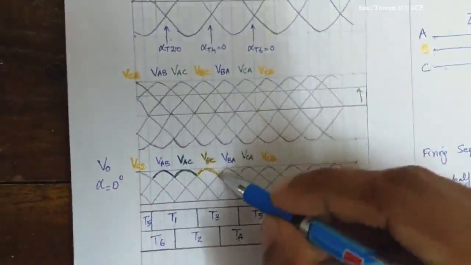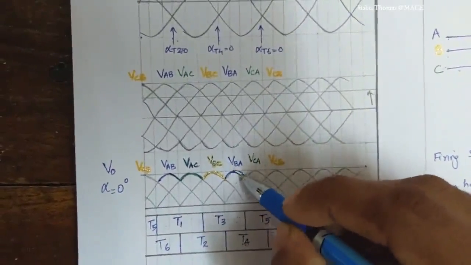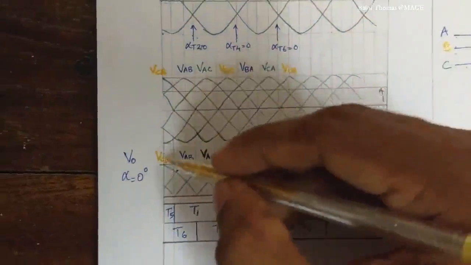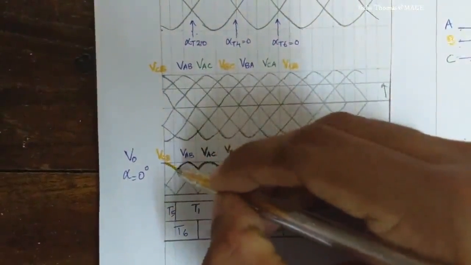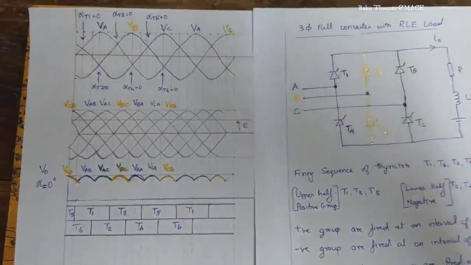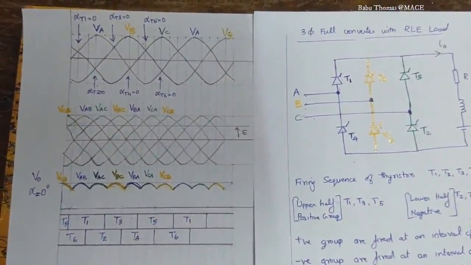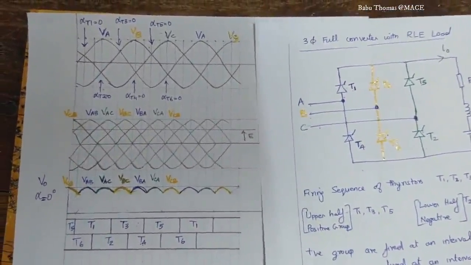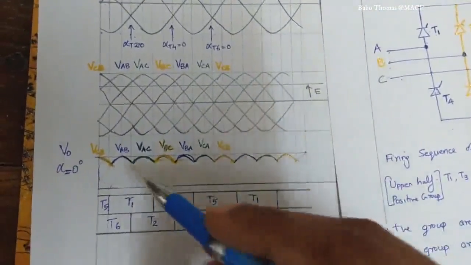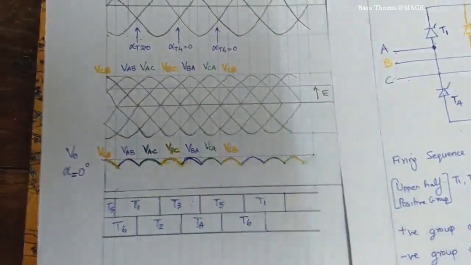So the corresponding VBA over here we can plot. Now you can complete it from this side also. Therefore, in the case of a three-phase full converter with the RLE load, the output voltage for firing angle alpha equal to 0 is nothing but this particular waveform.